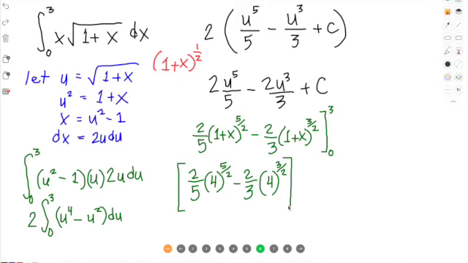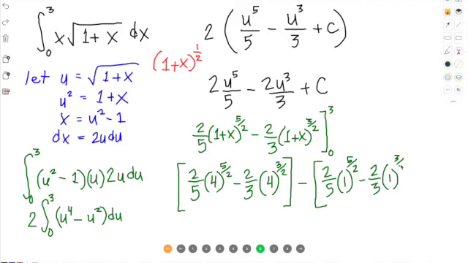That would be our upper bound, and minus, again, we will take this equation and substitute 0, so that would be 2/5 of 1 plus 0, so you still have a value. So it's not always that the second term for the lower bound will be 0, so be careful. Even if the lower bound is 0, the second term will still have a value.